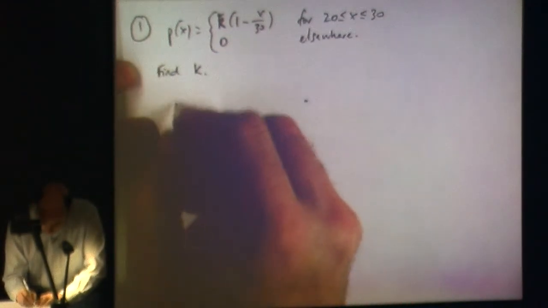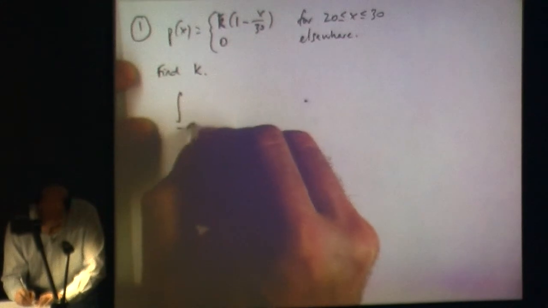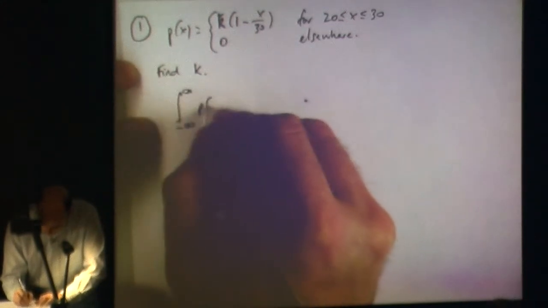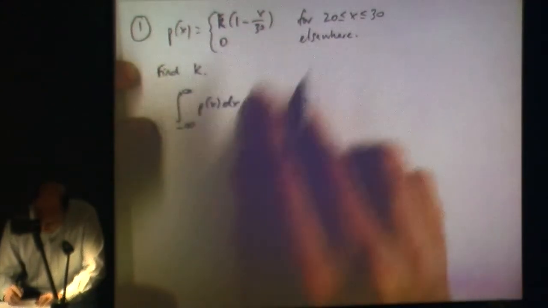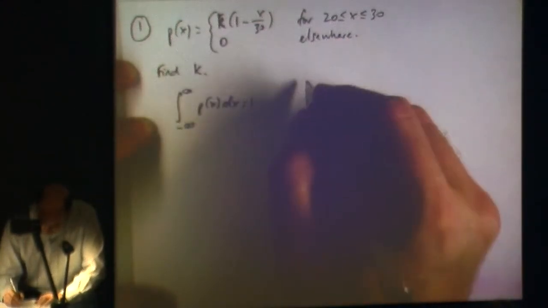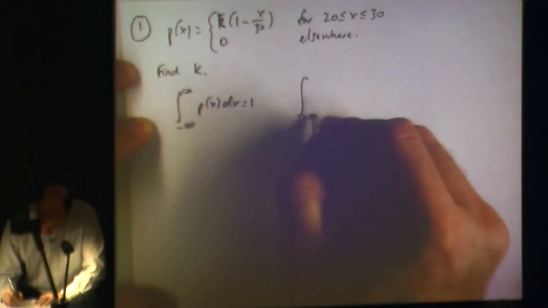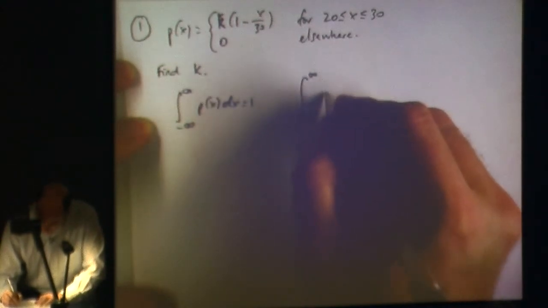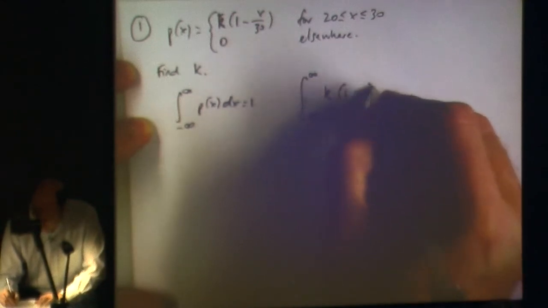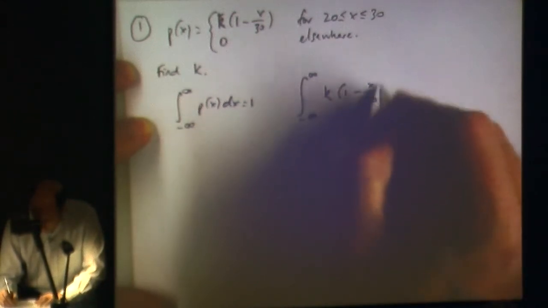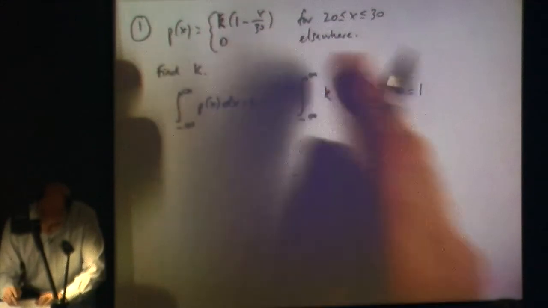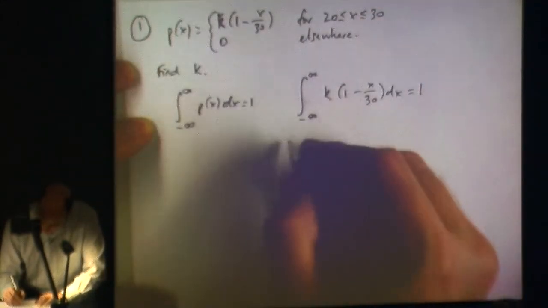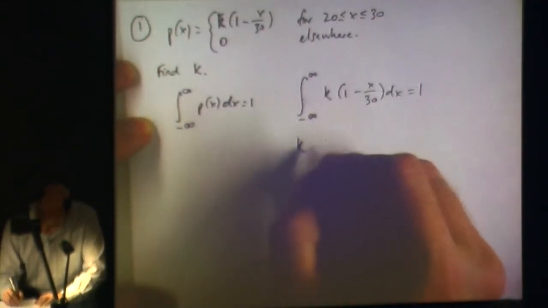Okay, so we know that the integral of p of x between minus infinity and infinity, p(x) dx, equals 1. So the integral from minus infinity to infinity of k(1 minus x over 30) dx equals 1. Now those limits obviously can be 20 and 30, and the k can come outside because that's a constant.